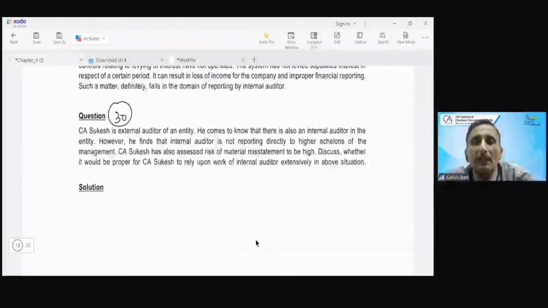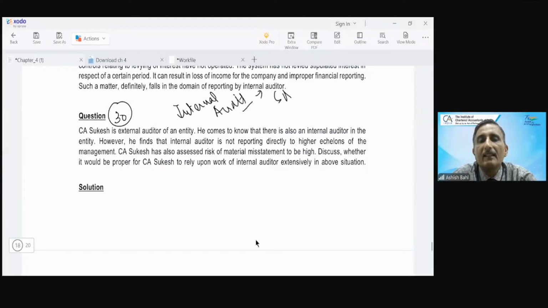Now see question number 30. Again on internal audit. So a lot of questions on internal audit. Now this is on SA 610.